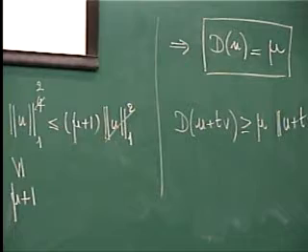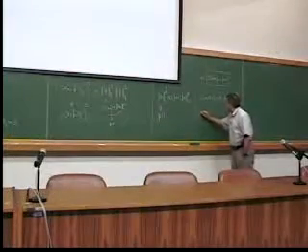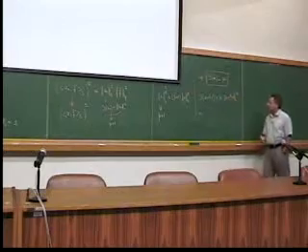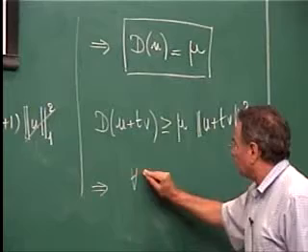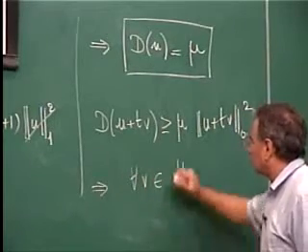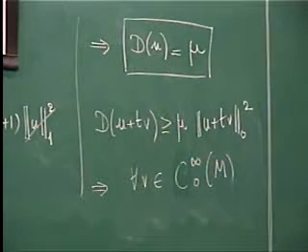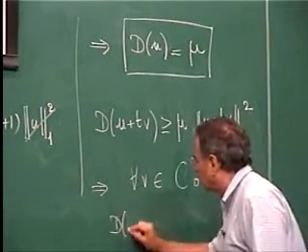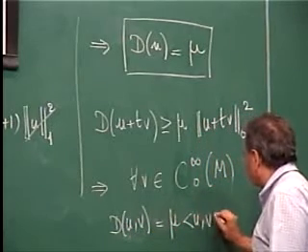And if you develop this, because you have a minimum here at t equals 0, what you will find is that for all v, say in H, or even more simply, you have that d of u v must be equal to mu u v 0.